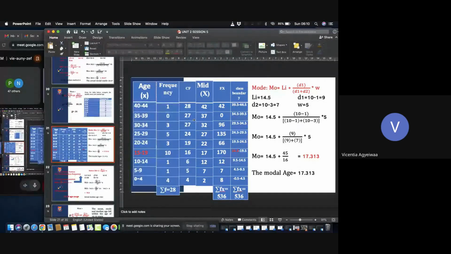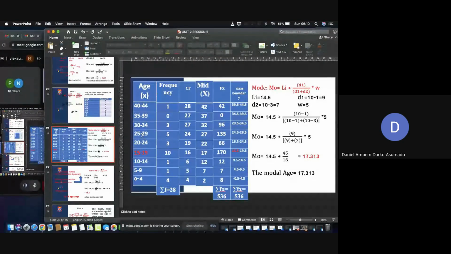It will be around 24, because it's more than 19. Fantastic. So the person is likely to be at 24. Then you trace it to the age interval, which is 25 to 29. So the median class is within this region, assuming that you are looking for the 20th position.